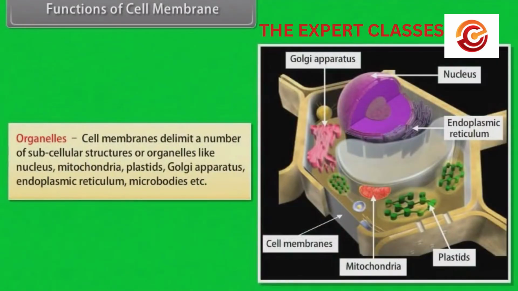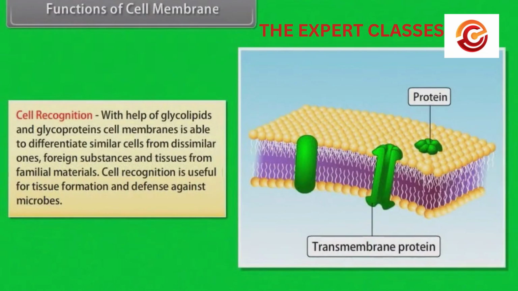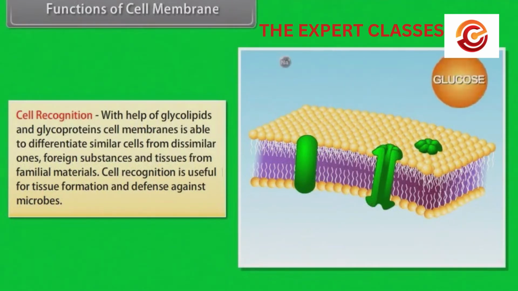Organelles. Cell membranes delimit a number of subcellular structures or organelles like nucleus, mitochondria, plastids, Golgi apparatus, endoplasmic reticulum, microbodies, etc. Cell recognition. With the help of glycolipids and glycoproteins, cell membrane is able to differentiate similar cells from dissimilar ones, foreign substances and tissues from familial materials.